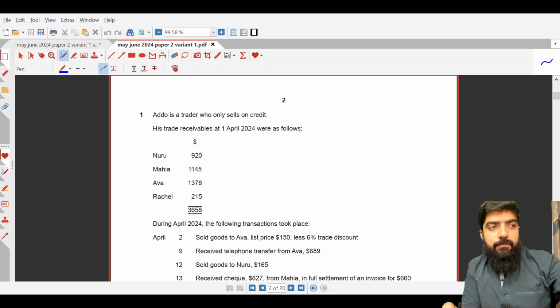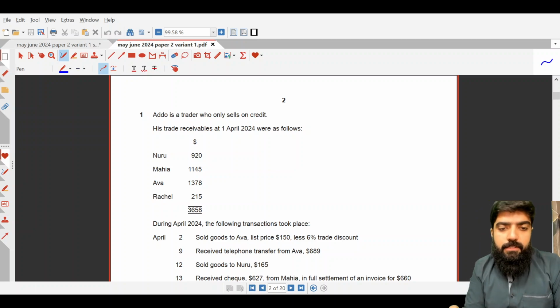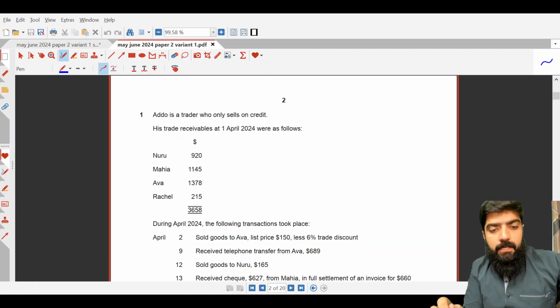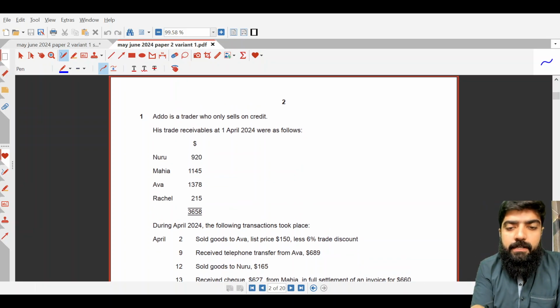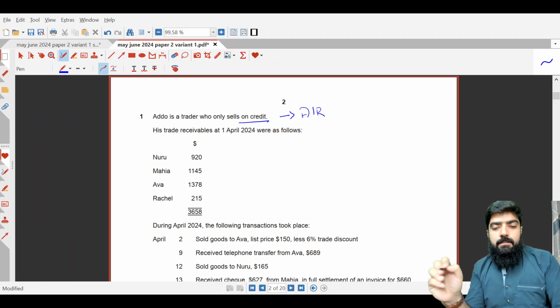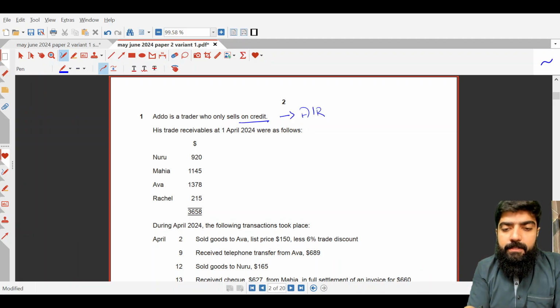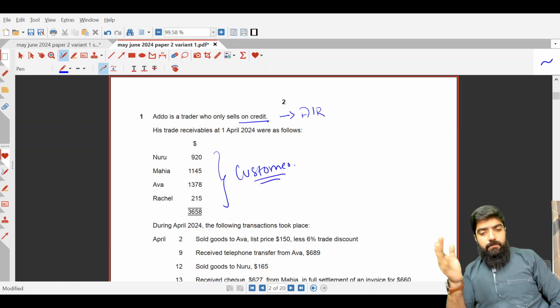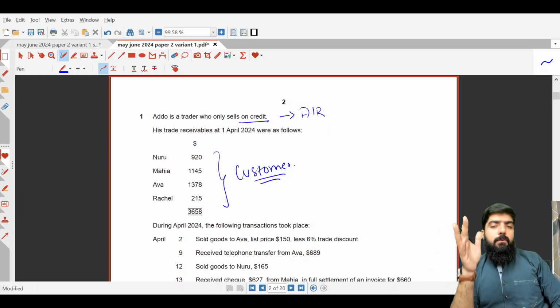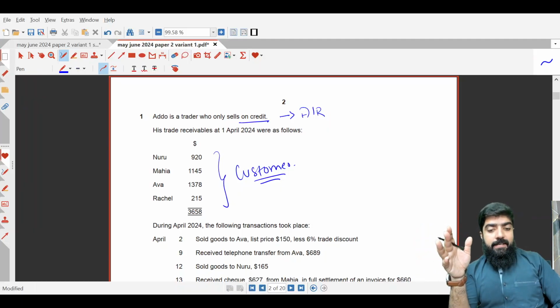Let's start with the first question. The first question that we have is: Ado is a trader who only sells on credit. So it means it sells goods on credit, which means there will be an account receivable, right? His trade receivables at 1st April were as follows. There are different customers: 920, 1145, 1378, and 215.